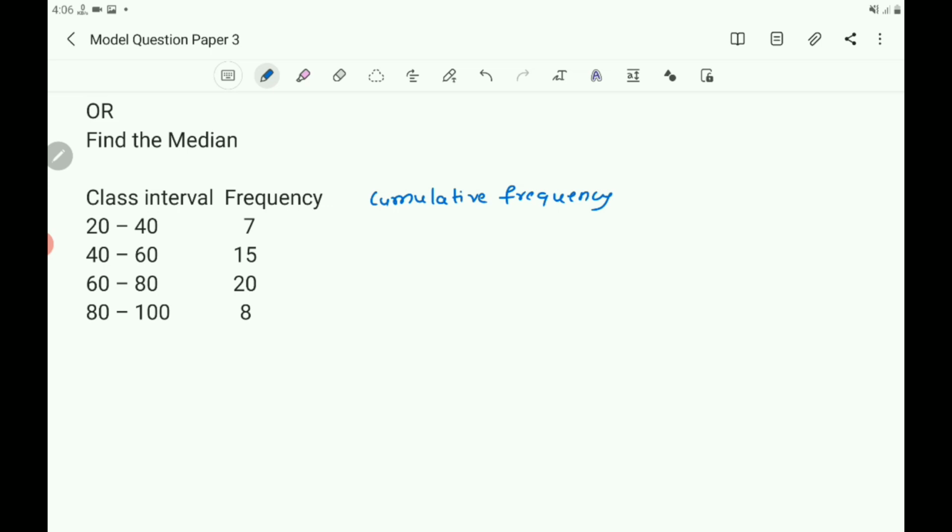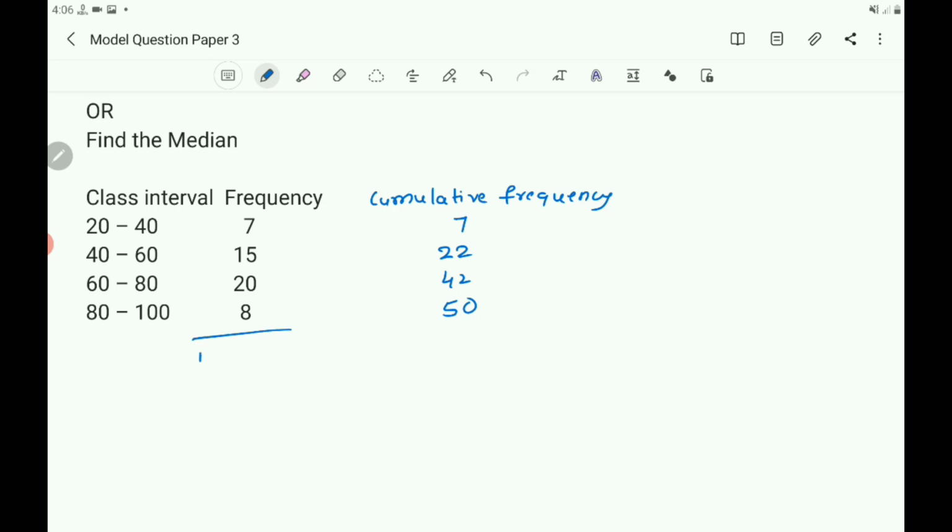Here see the class intervals, they are in ascending order. So you start the cumulative frequency from 7. 7 plus 15 is 22. 22 plus 20 is 42. Then 42 plus 8 is 50.